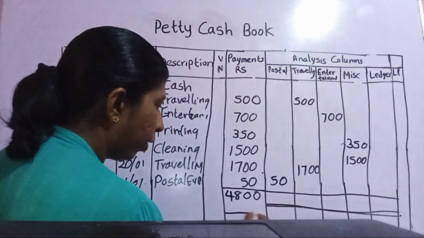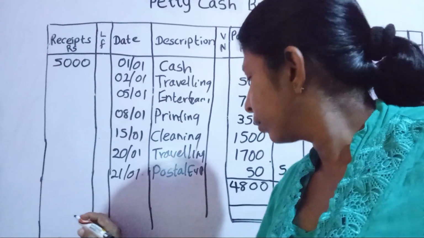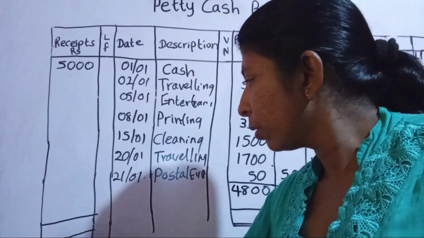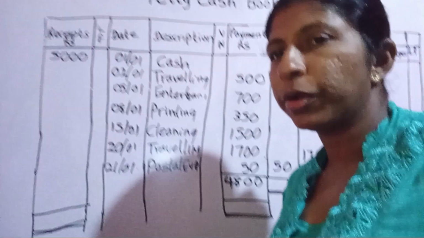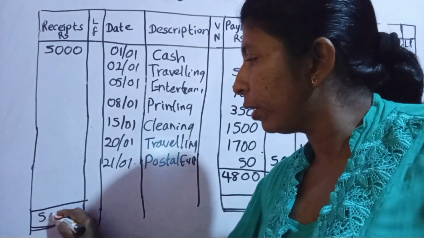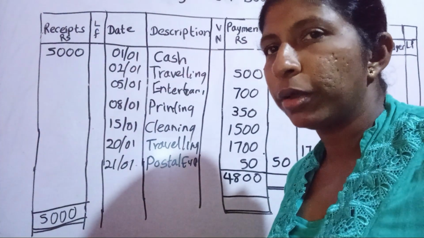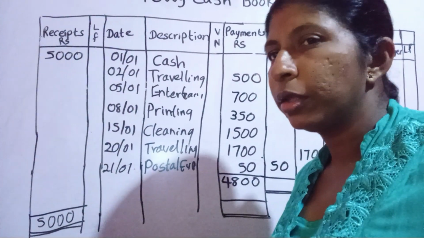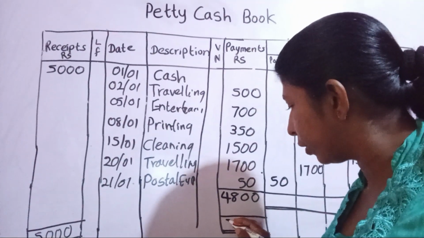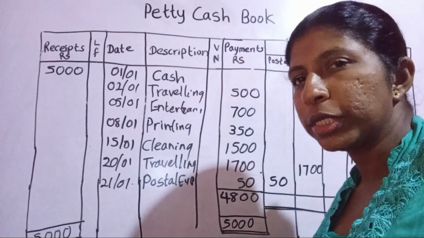Then again you have to draw double lines here. Here also double lines. Then you will get the total here as 5,000 in the receipts column. Then here also we have to write 5,000.